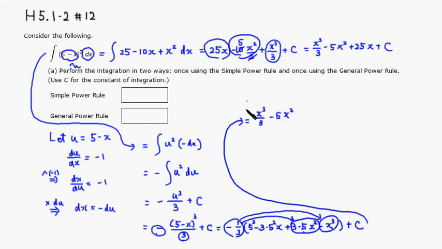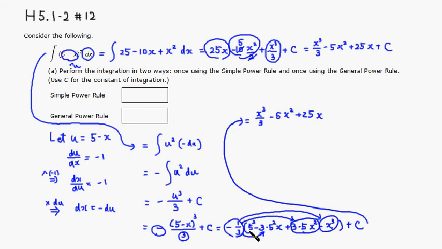If you distribute negative 1/3 to the next term, the 3's cancel out, so it's negative 5x squared. Distributing negative 1/3 to the next one, the negatives cancel and the 3's cancel, so it's positive 5 squared, which is 25x.